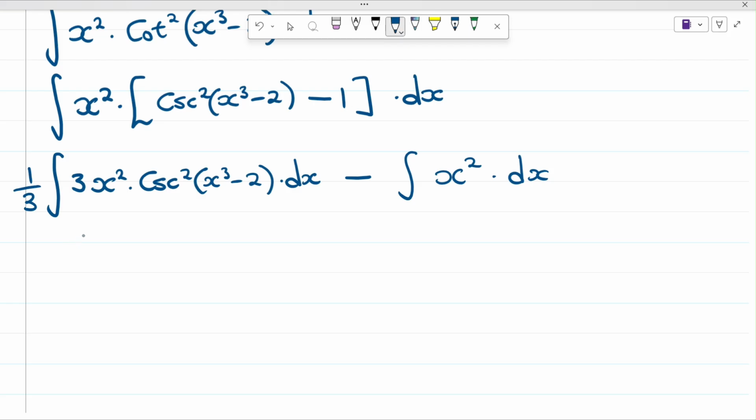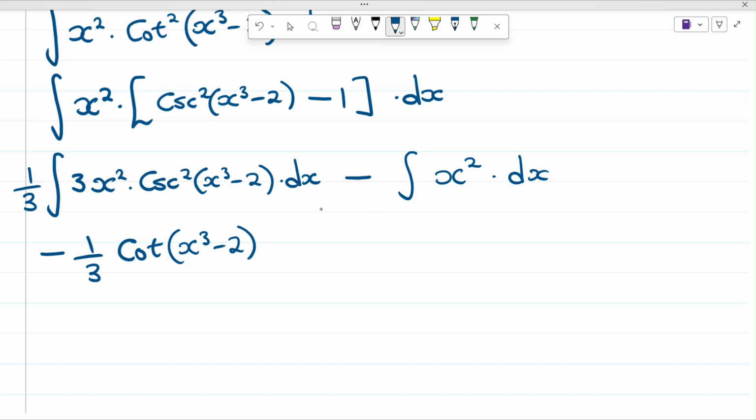So it's negative. So this 1 over 3 is going to go with that. So this is going to be negative 1 over 3. This 1 over 3 is coming from the outside, and this negative is coming from the derivative of what was differentiated for us to get cosec squared, which is negative cot of x cubed minus 2.